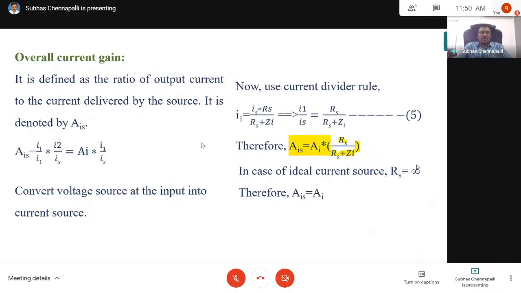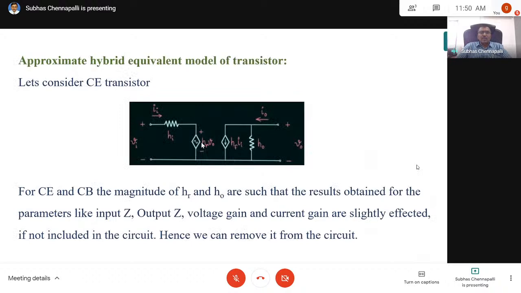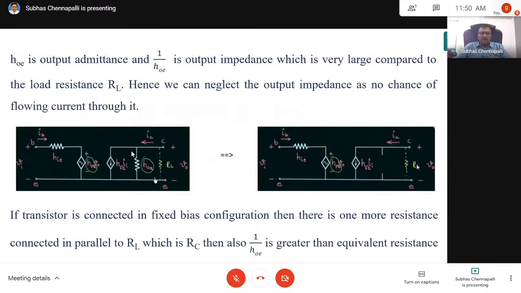Overall current gain we have seen. Now the approximate hybrid model. I was explaining that this HR value will be very small.